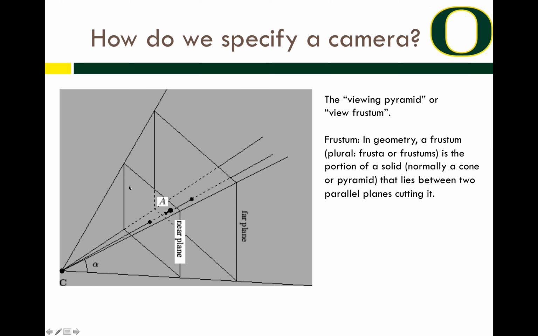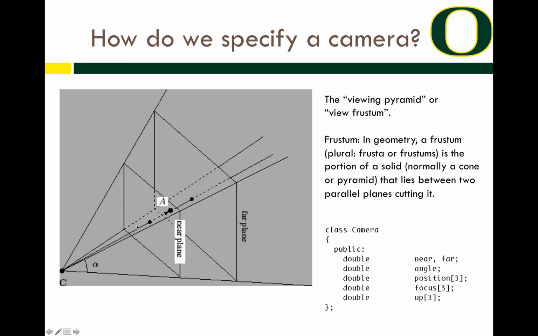So here are the data members that go along with the camera, and these are exactly the data members that are in my project. There's a near and a far plane, which is just the distance from the camera to the near plane if you go through the middle.